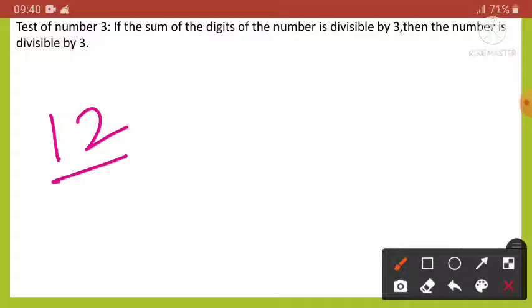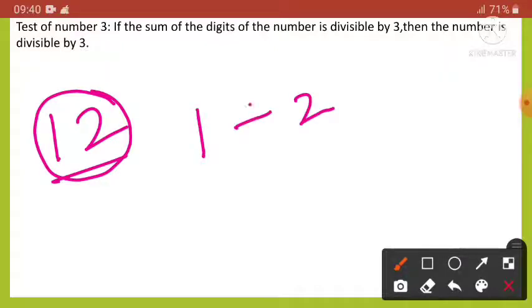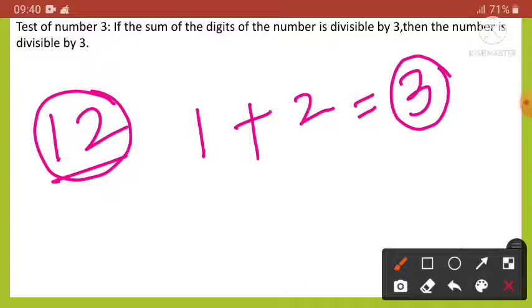Then we have to check that. Here the number is 12 and the digits are 1 and 2. So we have to sum the digits. So we are getting 3. Now we have to divide the result. Yes, 3 is divisible by 3. So we can say that the number 12 is divisible by 3.